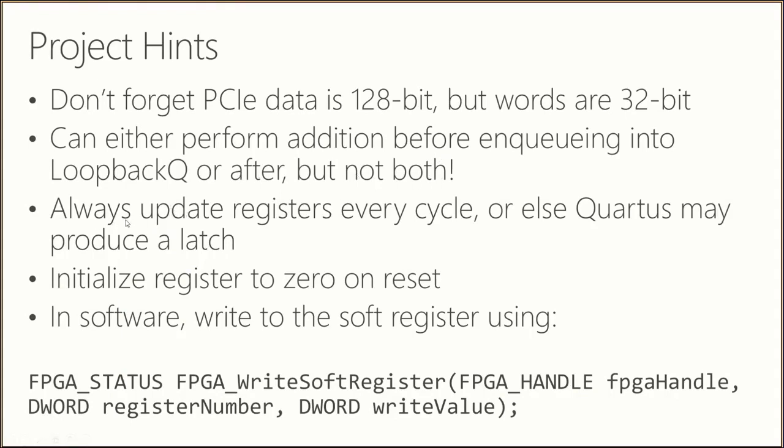You should always update the registers every cycle, or else Catapult may produce a latch. A latch is a bad thing on FPGA. It is asynchronous and will potentially cause timing issues. Initialize registers to 0 on reset. In software, write to the soft register using the FPGA write soft register API. You can implement this design as a practice.